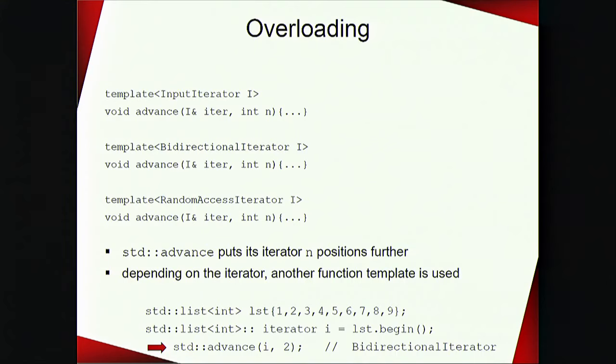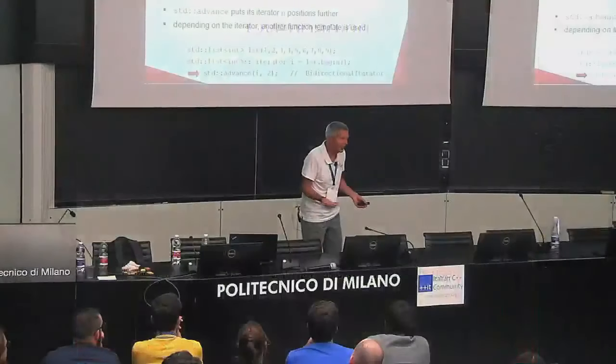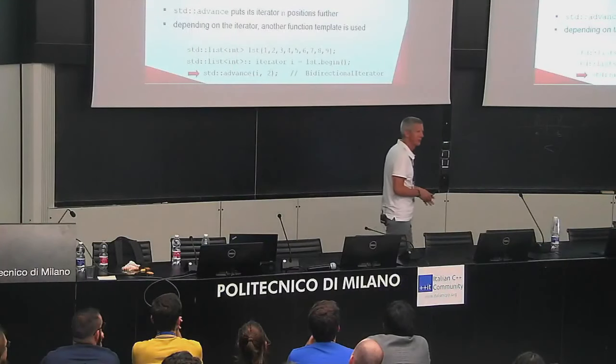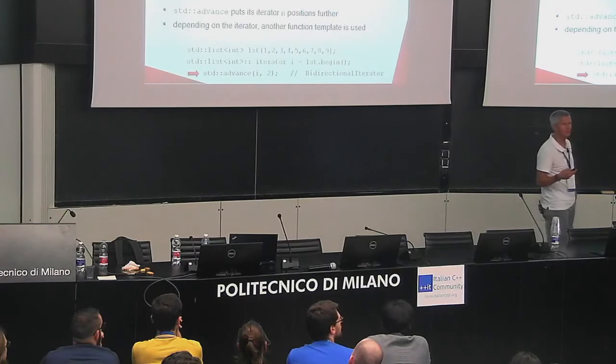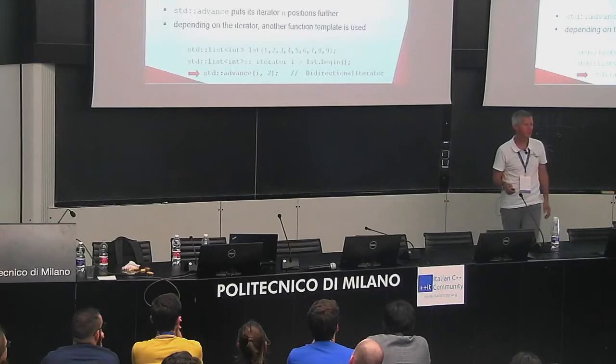Because std vector, std array or std deque support a random access iterator, and with a random access iterator to put it 2 positions further, I can just do internally pointer arithmetic, which is a lot faster than saying 2 times next. So it's just an optimization story. So each container gets the algorithm it deserves.